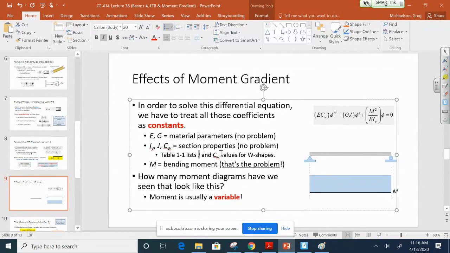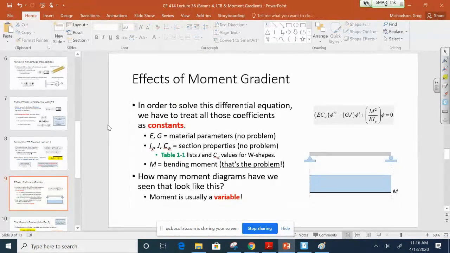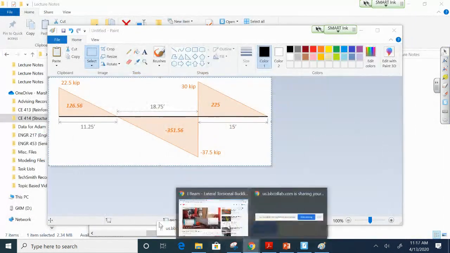Now, if you go to the manual, to Table 1-1, you're going to find that the manual lists J and C_w values for W shapes. Remember, you can look up the depth of the girder, the flange width, the Z_x, the radius of gyration.